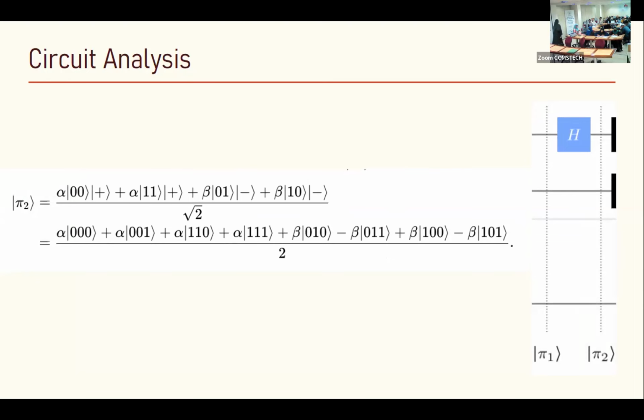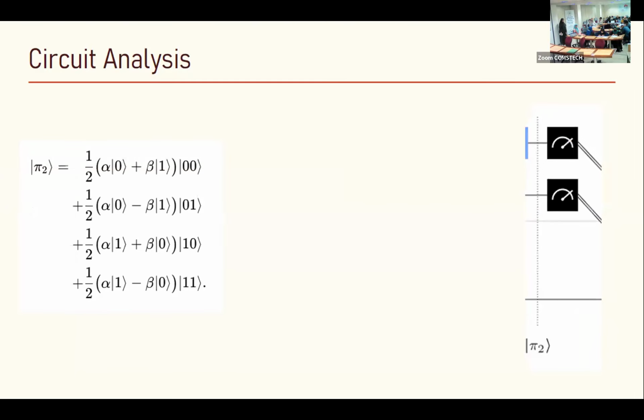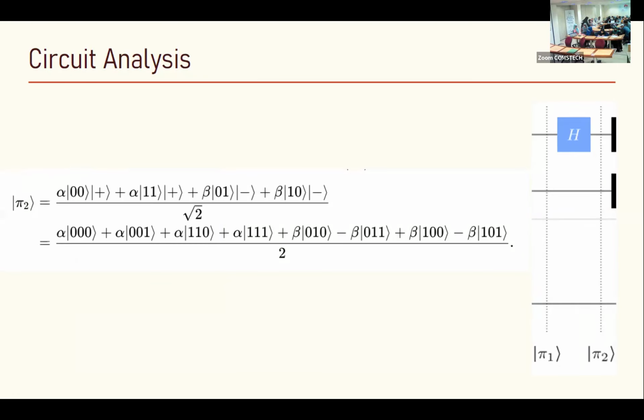So what I'm going to write is (alpha ket 0 plus beta ket 1) divided by 2, plus (alpha ket 0 plus beta ket 1) divided by 2, whole multiplied by ket 0,0. Why are we doing that? Because we need to isolate the least significant two qubits because we need to measure them.